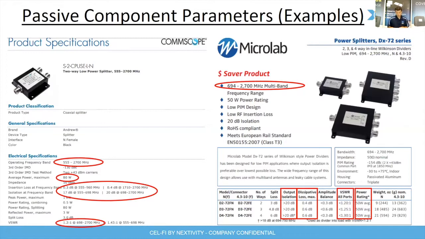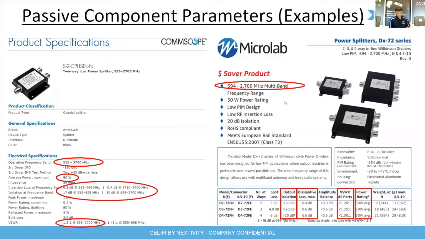On your right, we are going to take a look at the Microlab two-way splitter. It's in a slightly different format, but don't worry, all the important performance metrics are still there. The first highlighted red circle tells you the frequency range, 694 to 2700 megahertz. And then at the very bottom, you can see that I highlighted 4 boxes.